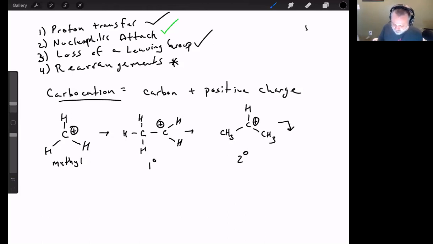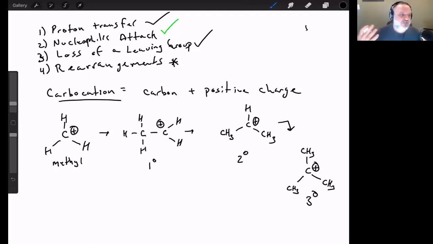And you could imagine that we could have a carbocation connected to three other carbons. And likewise, we'll call this one tertiary.